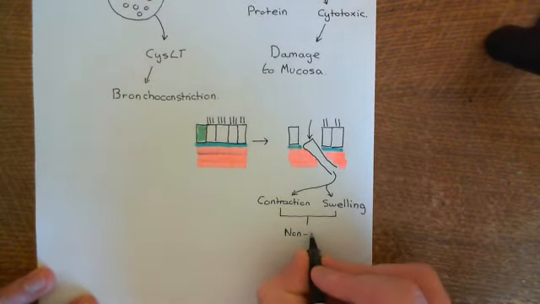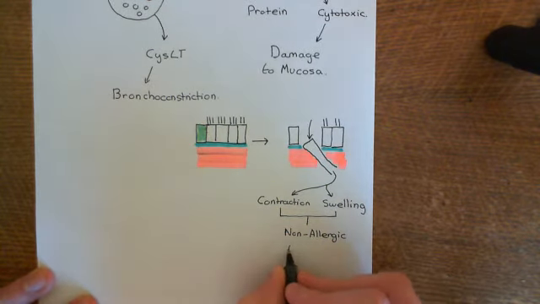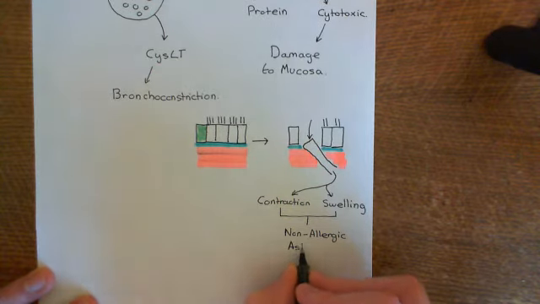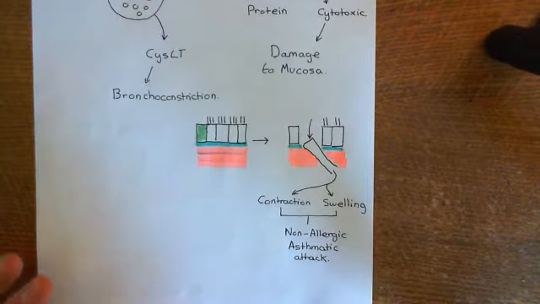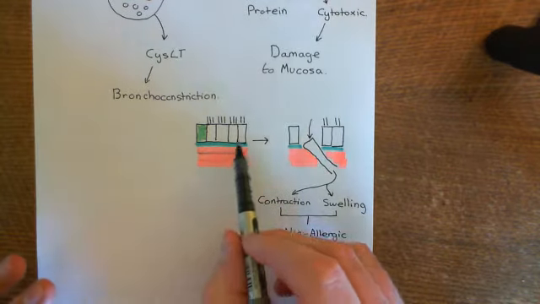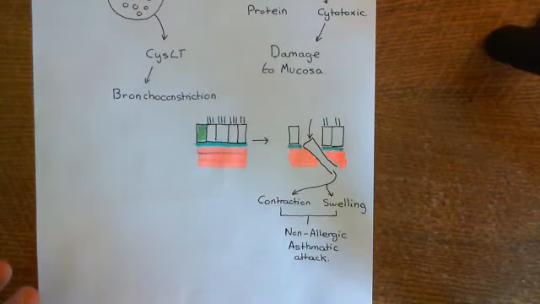Okay, so this is how after years and years of having allergic asthmatic attacks, you can then progress to having non-allergic asthmatic attacks, because every time you have an allergic asthmatic attack, you gradually damage the mucosa more and more. And I want to stress that you don't just go from this to this with one allergic asthmatic attack. You have them repeatedly.